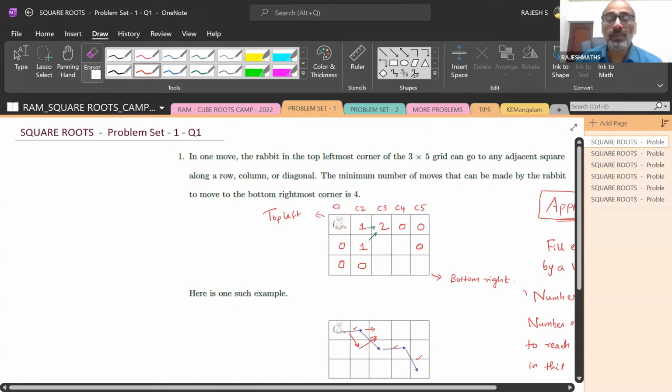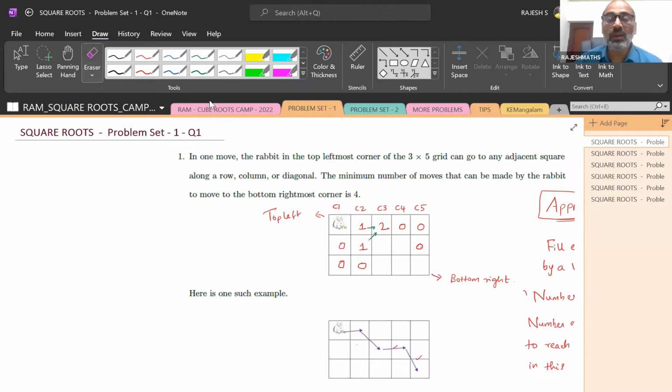So what that means is you need to add. This cell can be attained from the immediate left cell by moving right, or from the one below diagonally. Diagonals are of 2 kinds: either you can move downwards or upwards. The only thing is you should move one column at a time, because you are in the first column and need to go to the fifth column in 4 moves. So every move, you should move one column.